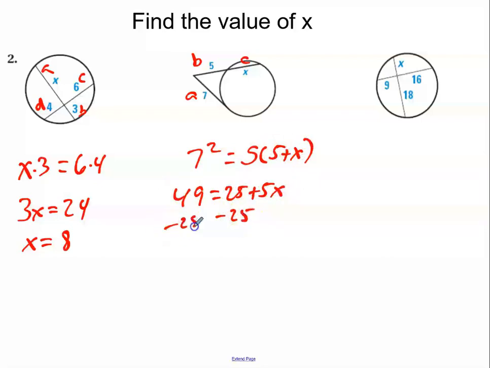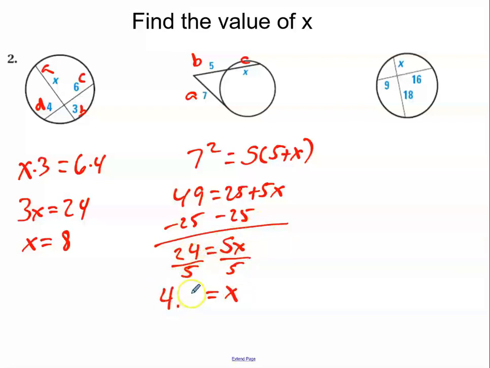Minus 25, so that's 24 divided by 5, and x is 24 divided by 5, which is 4.8.